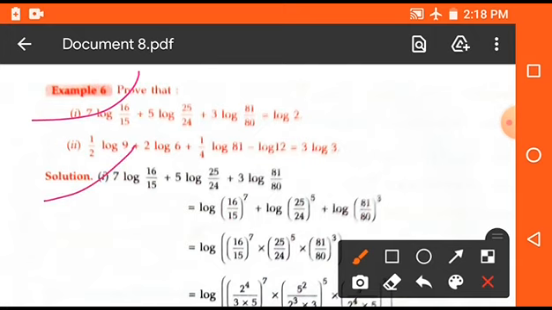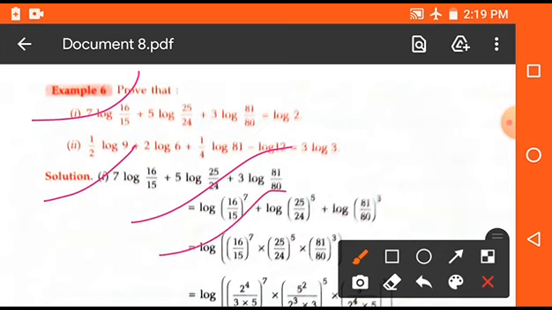We can write 7 log 16 upon 15 plus 5 log 25 upon 24 plus 3 log 81 upon 80 as log of 16 upon 15 whole power 7 plus log of 25 upon 24 whole power 5 plus log of 81 upon 80 whole power 3, by the formula m log n, because we know that log m to the power n equals n log m.